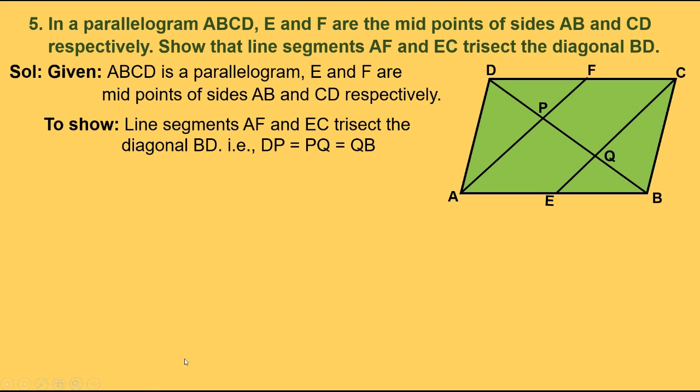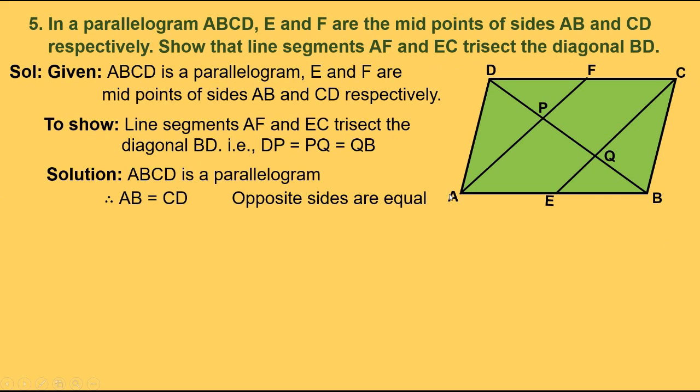Solution: in parallelogram ABCD, AB is equal to CD, opposite sides are equal. So, half of AB is equal to half of CD, since E and F are the midpoints of equal sides AB and CD respectively.